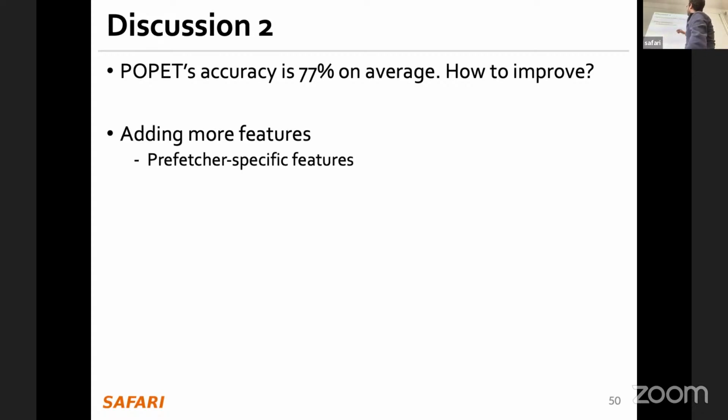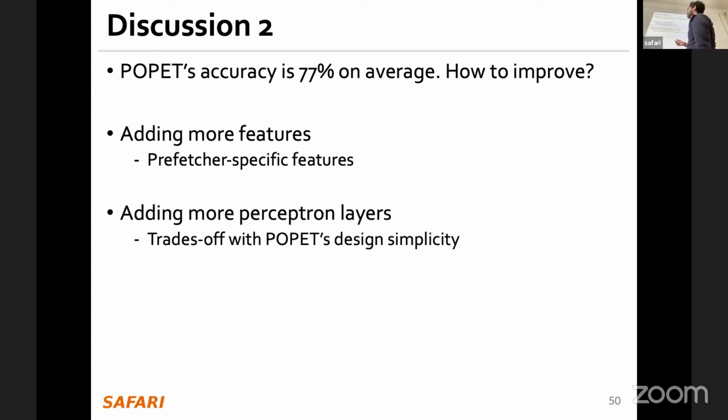So we can think of improving the accuracy by adding more features, for example some prefetcher-specific features. How the prefetcher is thinking, right? Let's say if the prefetcher is seeing this sort of pattern, then I'm going to also use that pattern for my prediction. So adding more prefetcher-specific features would help. And the other thing we can do is, we have only discussed a single-layer perceptron, right?